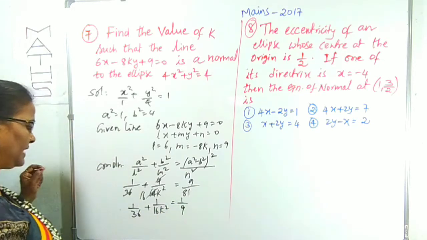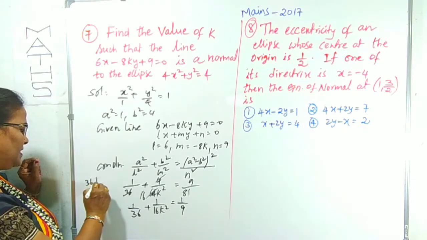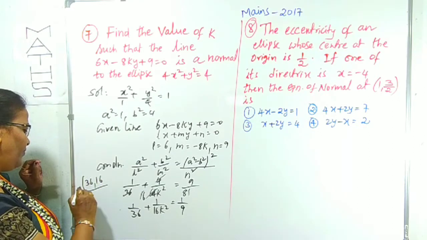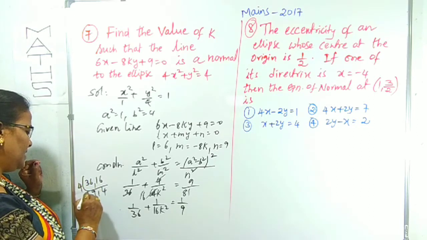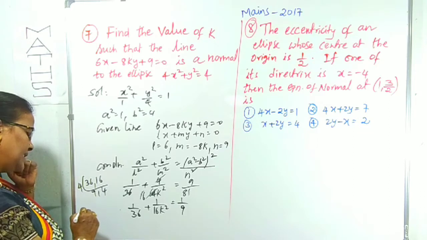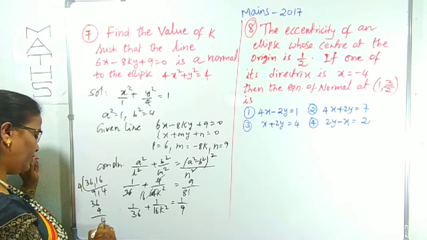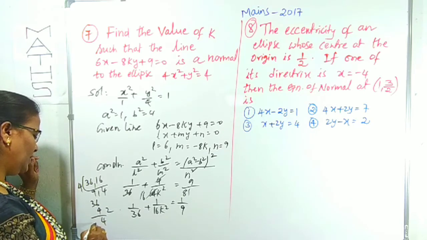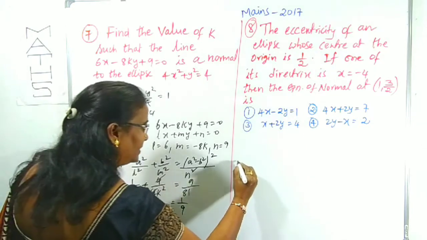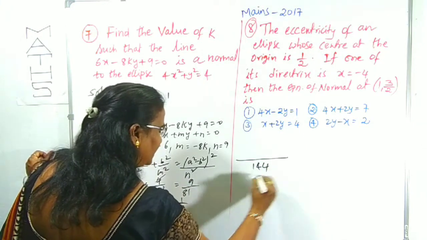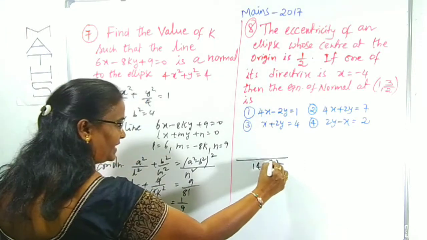The LCM of 36 and 16: 4 9s are 36, 4 4s are 16, so 4 times 36 is 144. 144 is the LCM here.